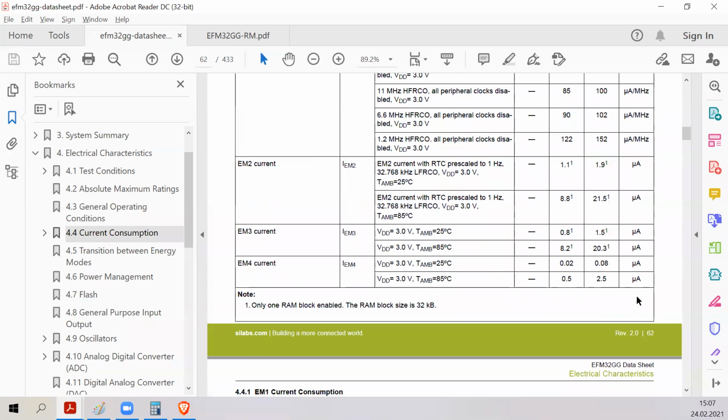And energy mode 4 current, also here. Energy mode 4 consumes little energy in high temperatures because all of the microcontroller basically disconnects itself from the power supply, and only the reset button connects it back to the power supply internally, and it starts to work again.